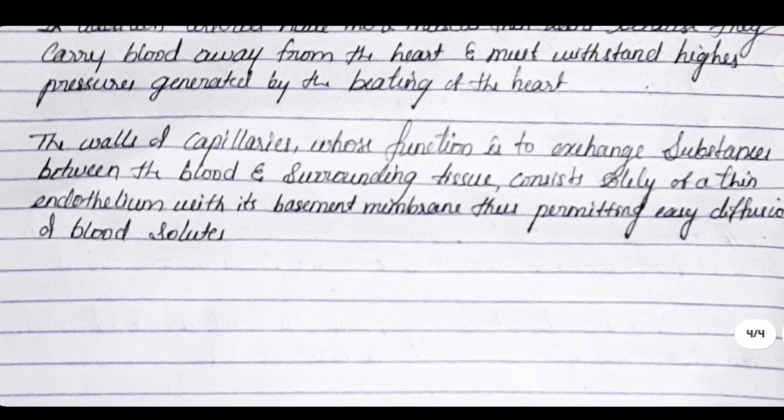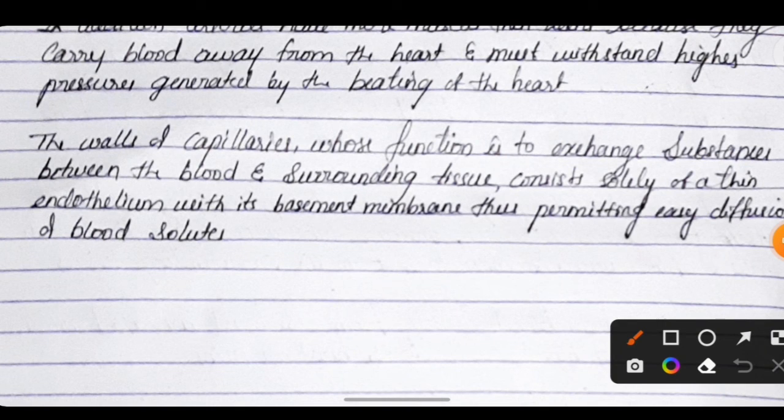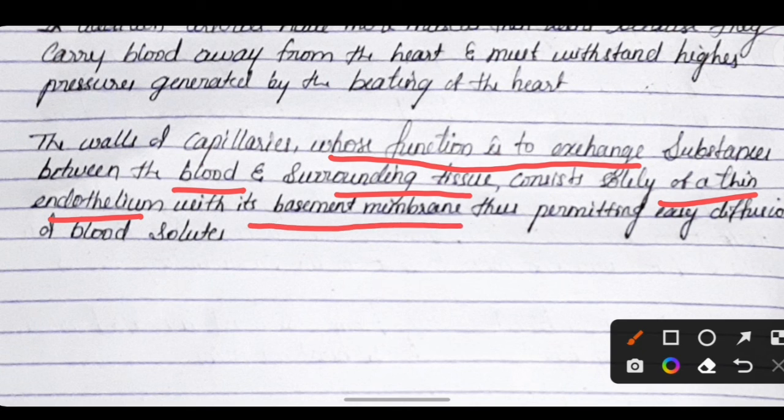The walls of the capillaries, whose function is to exchange substances between the blood and surrounding tissues, consist solely of thin endothelium with its basement membrane, thus permitting easy diffusion of blood solutes.